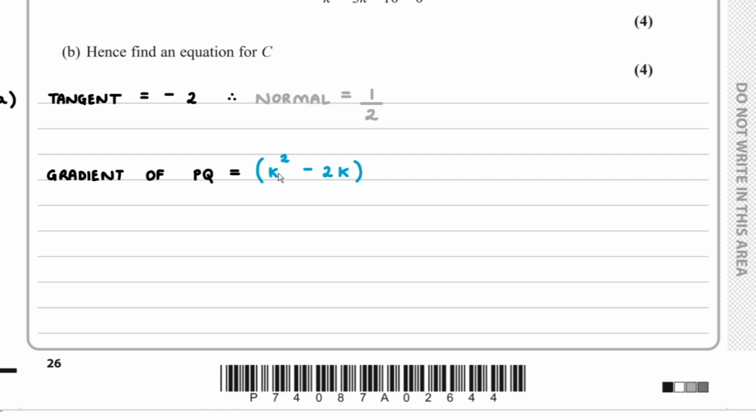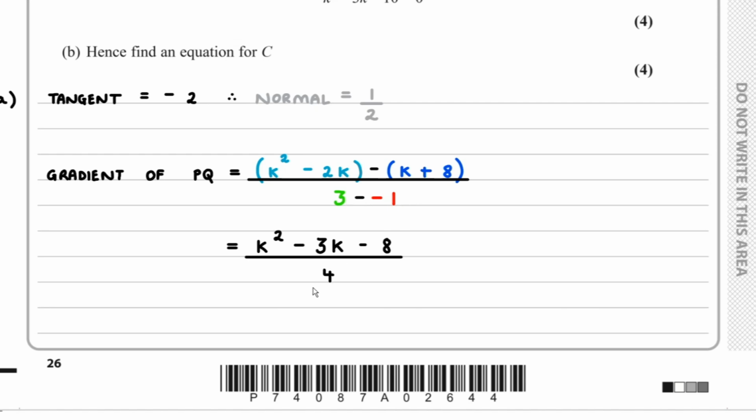So, we have k squared subtract 2k subtract k plus 8 over 3 subtract negative 1. So if we simplify this, we have k squared, then we have negative 2k subtract another k, so that's negative 3k, then we have negative 8 over 3 subtract negative 1, which is 4.